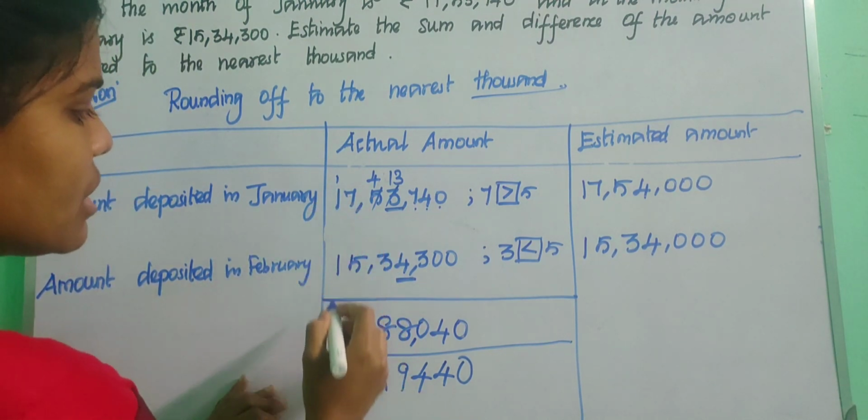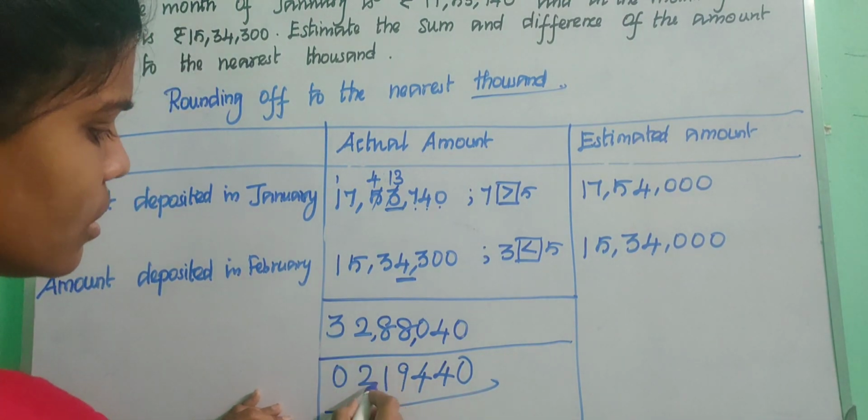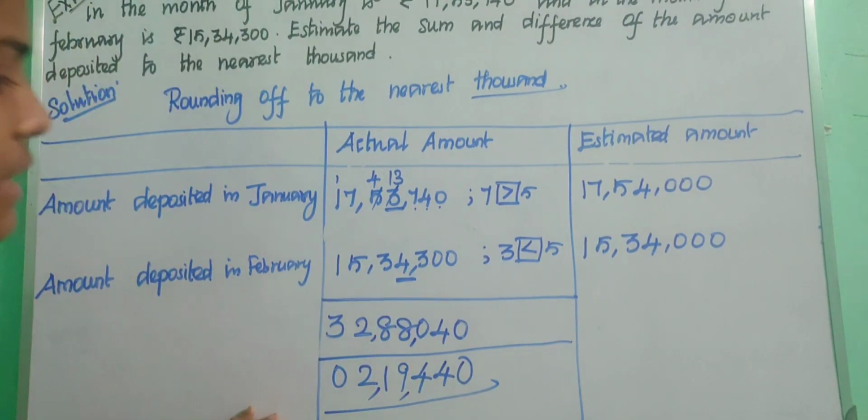And then 1 minus 1, 0. So 2,19,440 is the difference. Okay children, so let us find the sum and difference for the estimated amount.